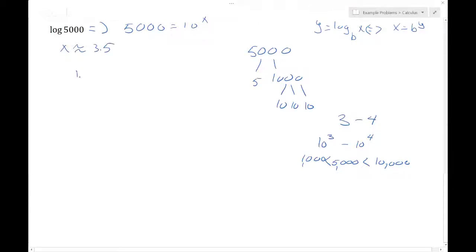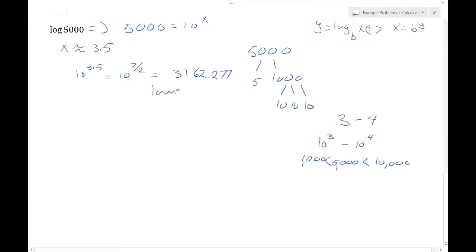And so then with 10 raised to the 3.5 power, we have to convert that into a fractional exponent if we're going to do this by hand, which is 10 to the 7 over 2, which comes out to be like 3,162.277.